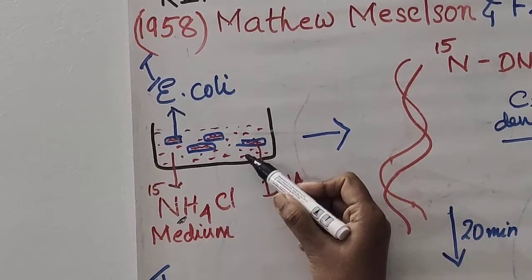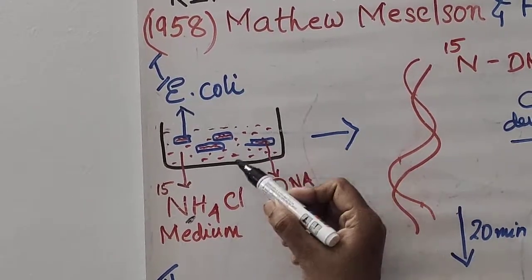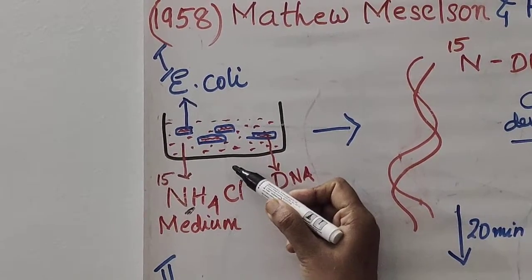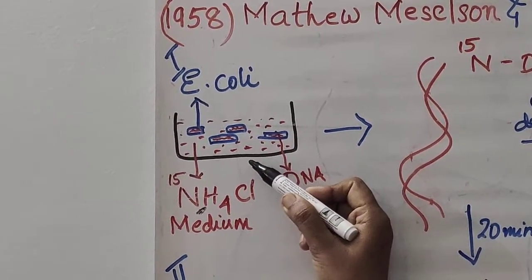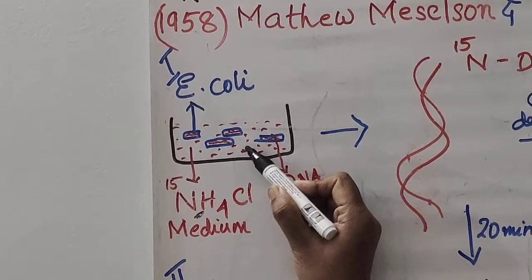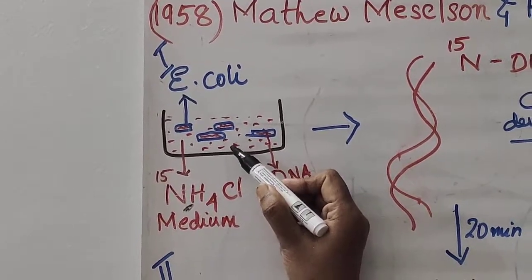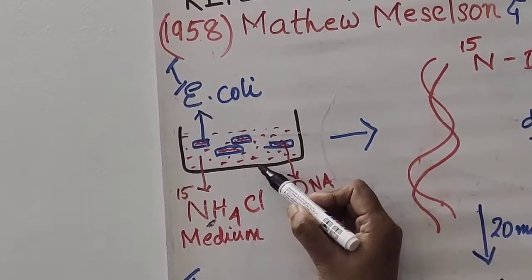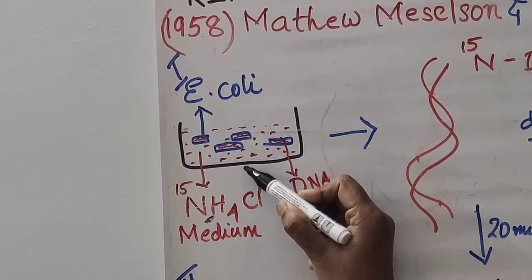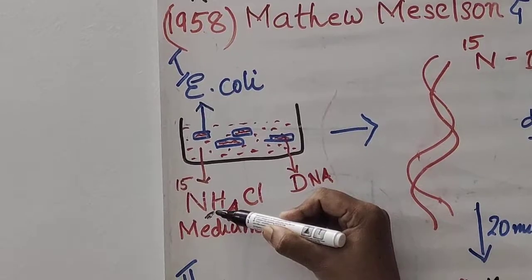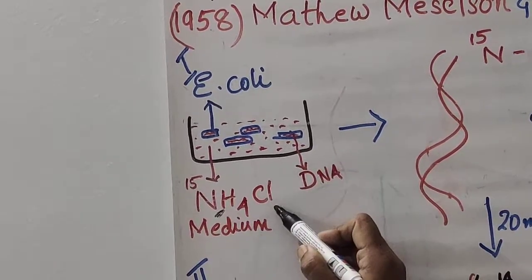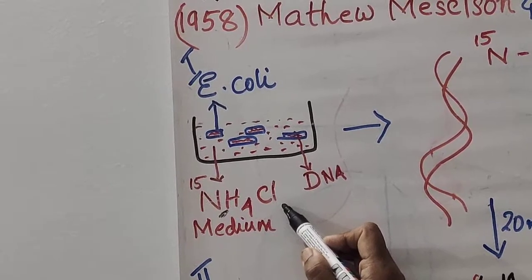So every 20 minutes the E. coli undergoes replication, or multiplication. For that multiplication they have to synthesize, or replicate, DNA. So for that purpose they will absorb this N15 isotope of nitrogen from the ammonium chloride medium.